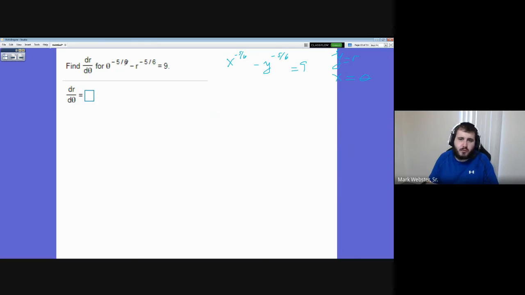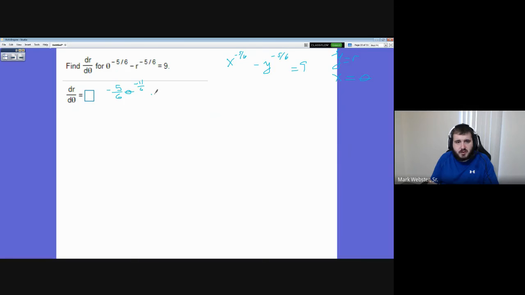So for both of these, remember that you're just using the power rule. So bring down the negative 5 over 6, theta, and then to the subtract 1. So negative 5 6 minus 6 sixths is negative 11 sixths. And then you could bring that down here.